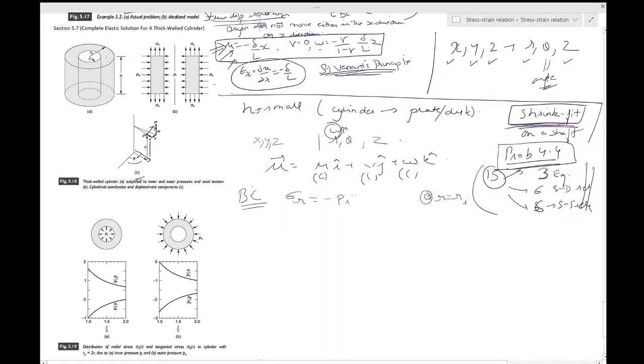Tau rz is equal to 0, tau r theta is also equal to 0. Similarly, at r equal to ro, sigma r is equal to minus p naught, tau rz is equal to 0, tau r theta is equal to 0. Okay, so that's the second part of it.